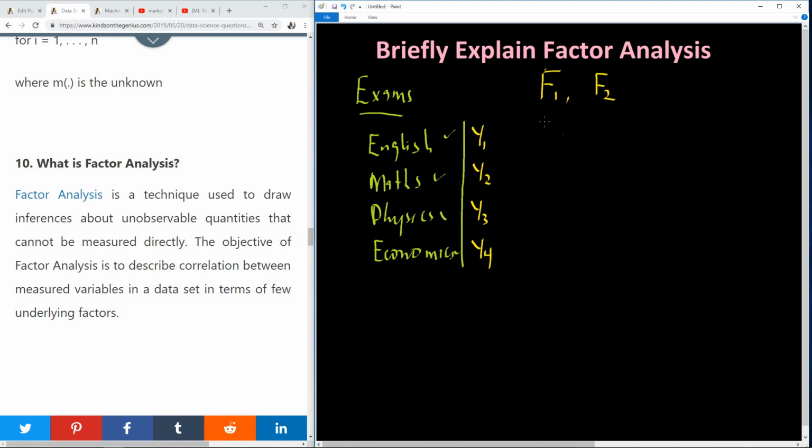We don't know, but roughly, let's say F1 is maybe quantitative reasoning, and the next factor F2 is, let's say, verbal reasoning.